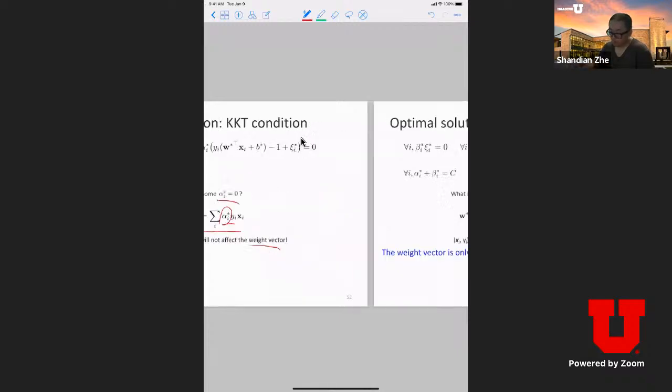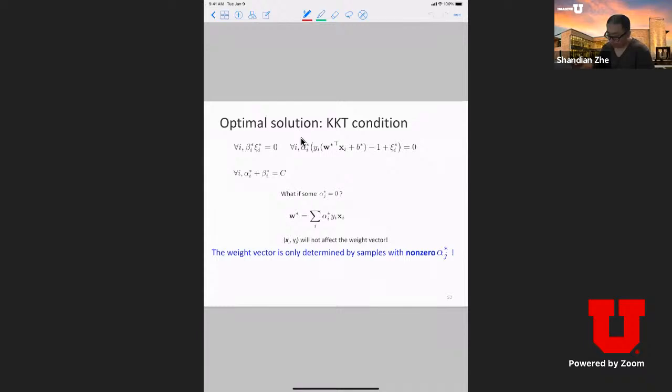In other words, our optimal weight vector is only determined by those training examples with non-zero alpha j stars. We refer to those examples with a non-zero alpha j star as support vectors.